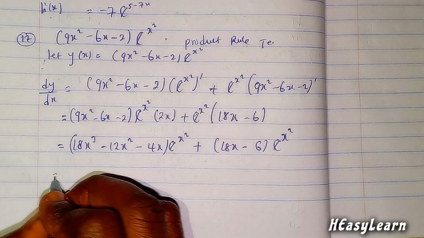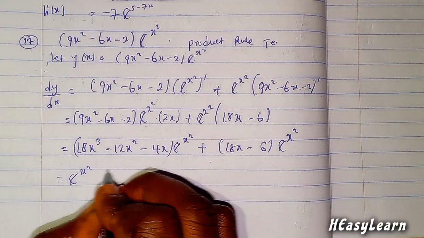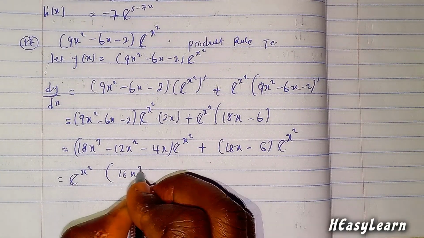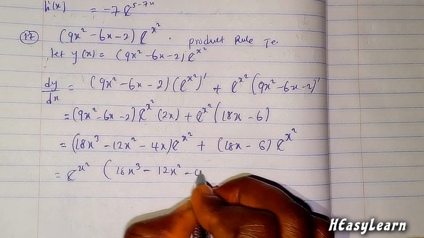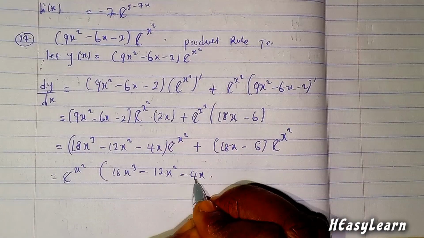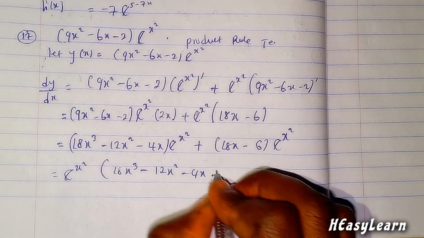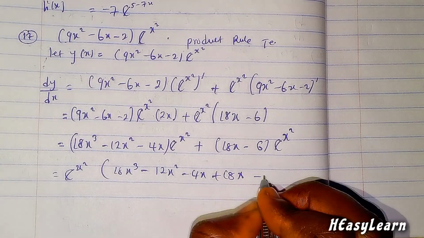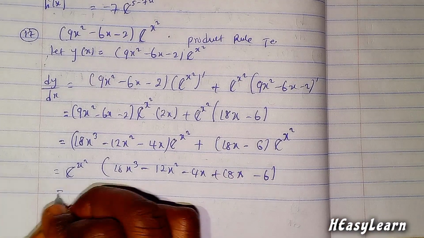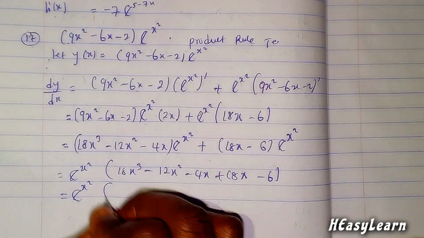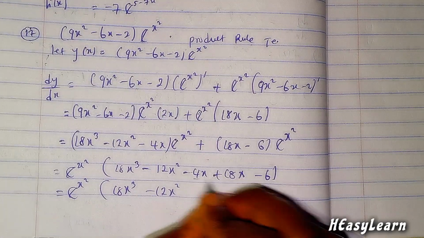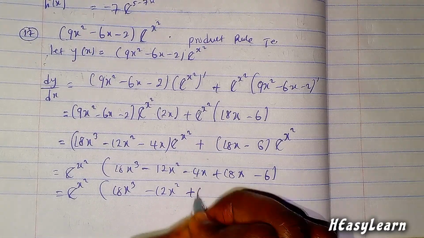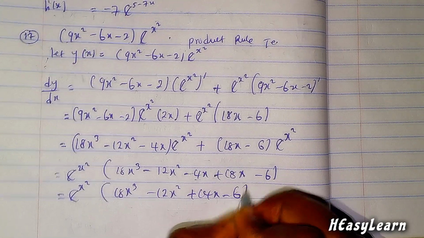What is common? Exponential x squared is common. 18x cubed minus 12x squared minus 18x minus 4x plus 18x. This is the same thing as exponential x squared times (18x cubed minus 12x squared plus 14x minus 6).